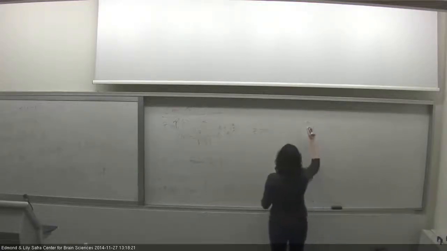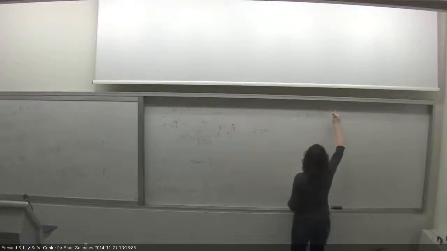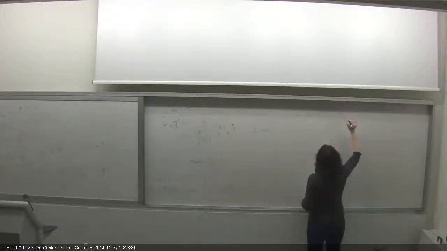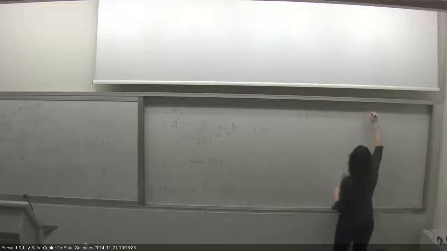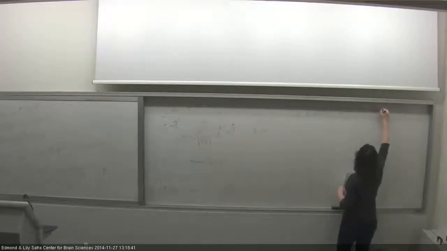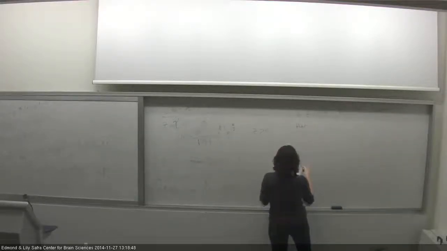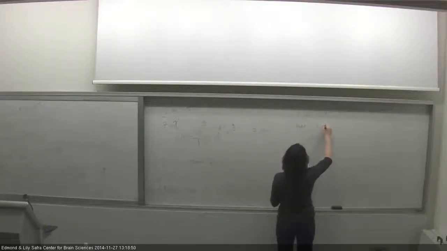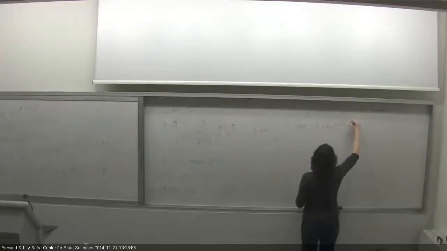Right. If we have z1, which is distributed according to the chi-square distribution with parameter n, and z2 distributed also according to chi-square with parameter m, and they're independent, then the sum z1 plus z2 is distributed according to the chi-square distribution with parameter n plus m.